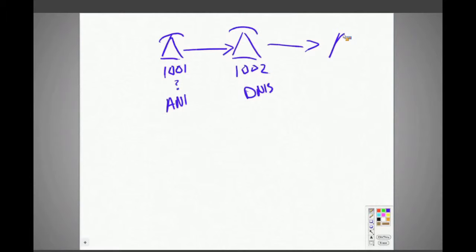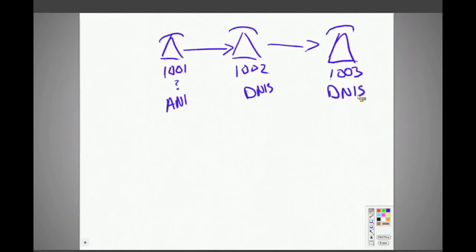Now, if 1002 forwards a call, whether by manual forward or call forward busy, call forward no answer, really doesn't matter, to 1003, then who is the DNIS now? DNIS was 1002, and David puts in through Q&A that 1003 is now the DNIS.